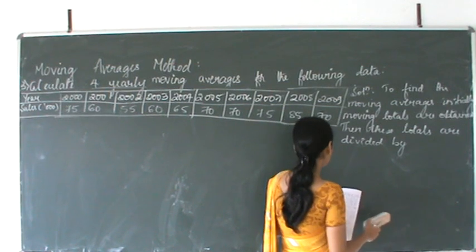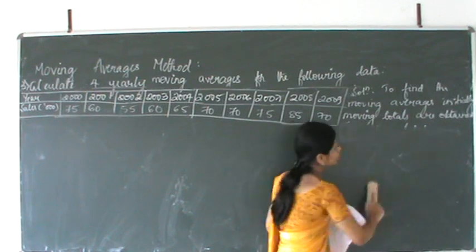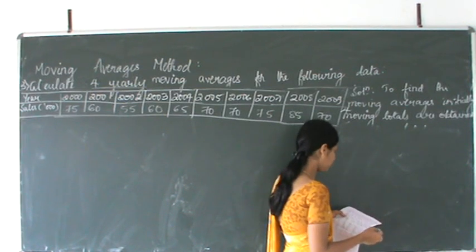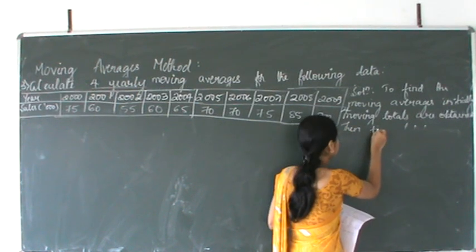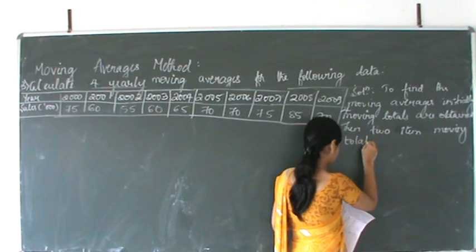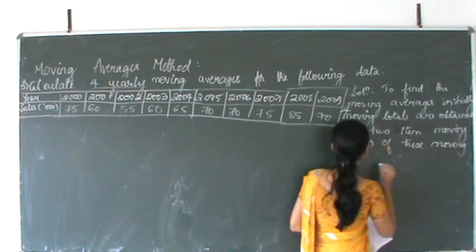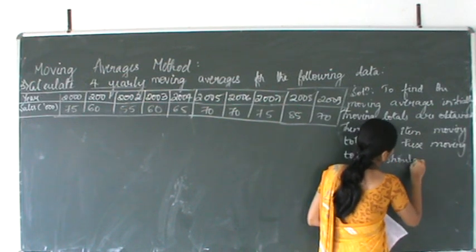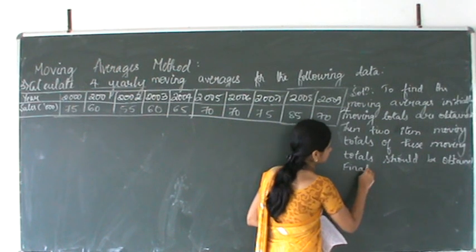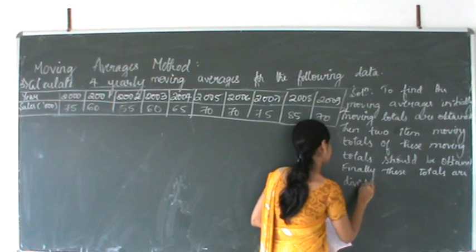As it is an even number of years, first we are going to calculate moving totals, that is, 4 yearly moving totals should be obtained. Finally, these totals are divided by 8.